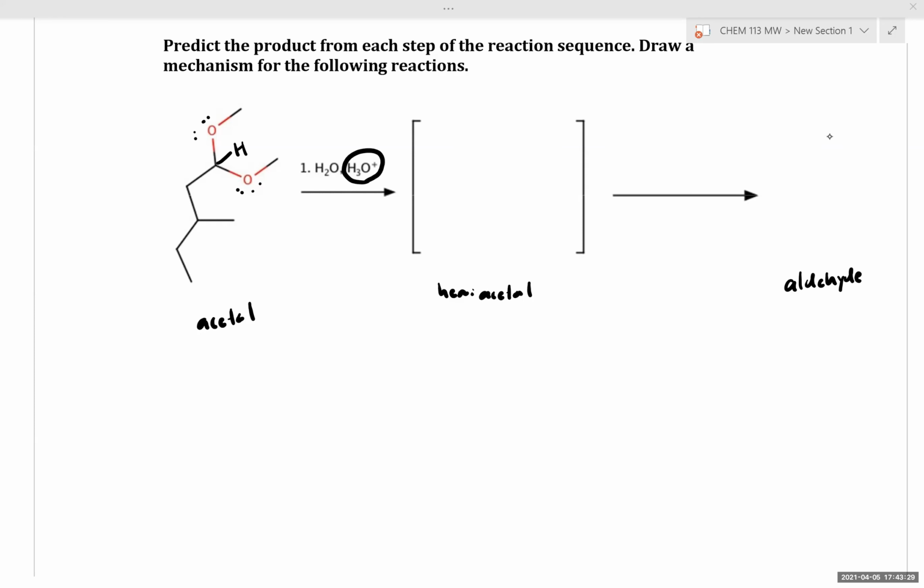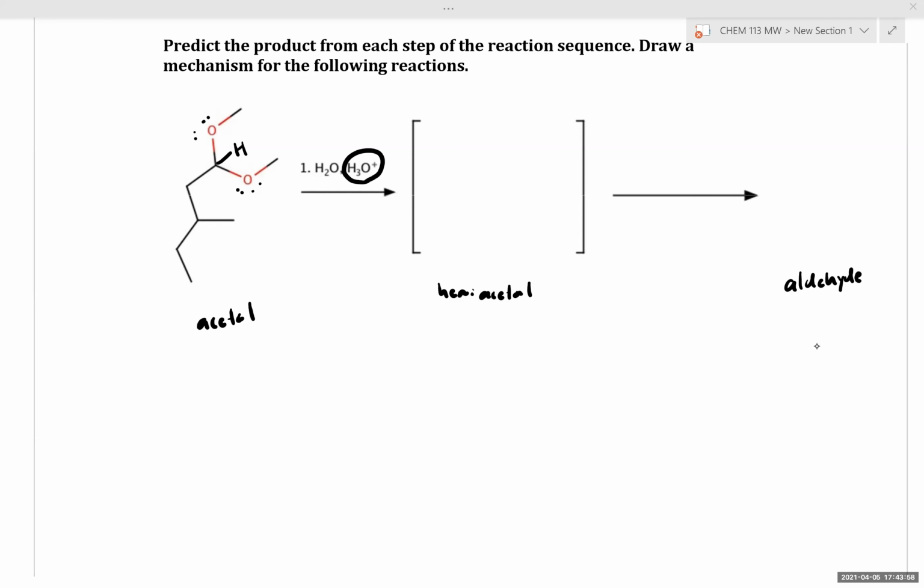Does anyone have a proposal for the first step? We have an acetal, we're treating it with aqueous acidic conditions. What's the first thing that's going to happen when we have these basic lone pairs? What do we think?